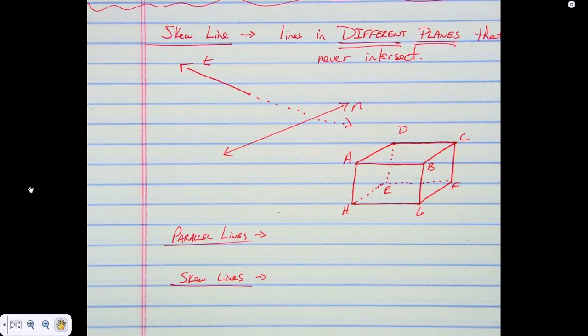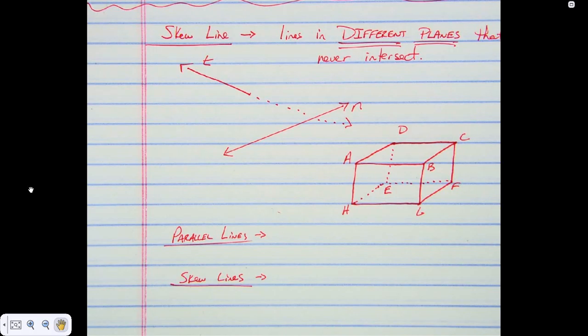But are they shaped the same way? No, there's no way these two could ever be in the same plane, because this one goes this way and this one goes this way, right? I couldn't put a piece of paper and make all of this line be with all of this line, could I? They're skew lines, because they never touch and they can't be in the same plane.